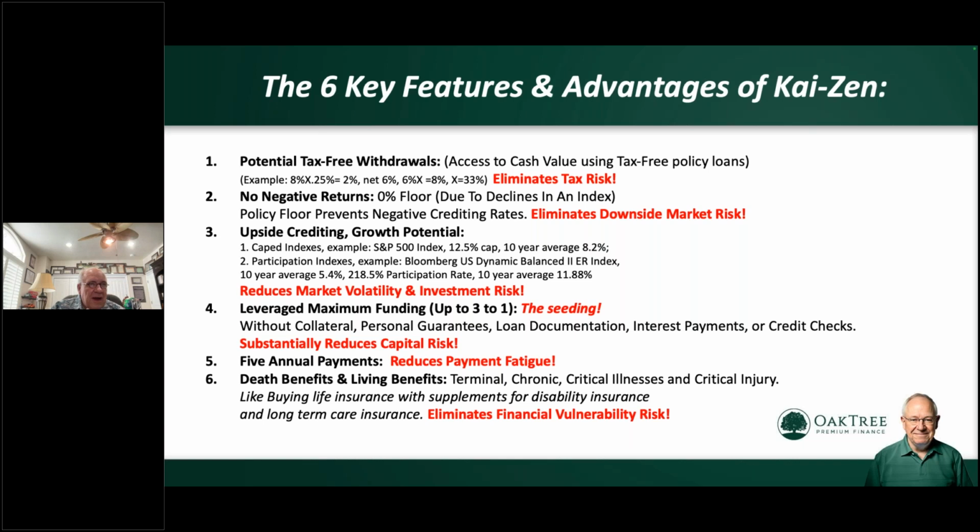Don't want to go into a lot of explanation, but life insurance gives you the beneficiaries receive the money cash-free, tax-free, and you can borrow from it as the owner in life. And that's what we do with Kaizen.